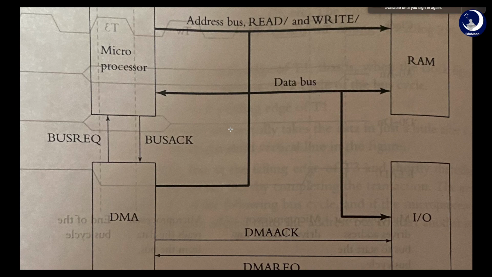There shouldn't be a simultaneous approach, because there is only one set of address and data lines. The microprocessor and the DMA shouldn't try to drive the same signals simultaneously.